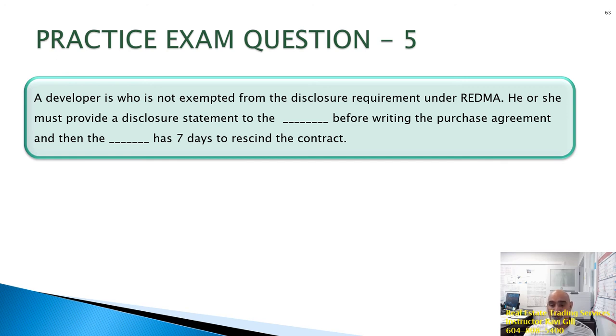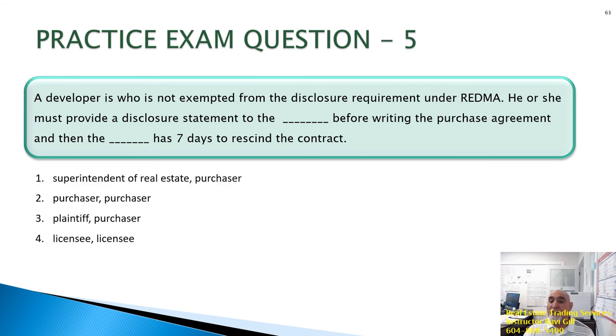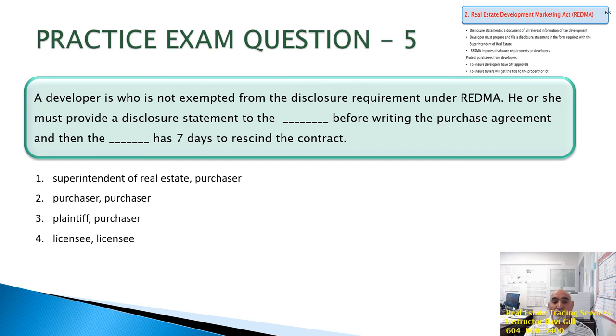To the purchaser. Who does he file the disclosure statement with? The superintendent of real estate. So who does he disclose to? The purchaser, not to the superintendent. To the superintendent of real estate, he files the disclosure statement. And who has 7 days to rescind? It's the purchaser. So I would say number 2 is the correct answer.